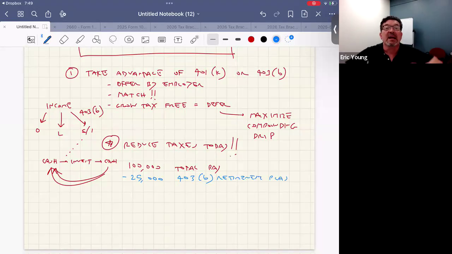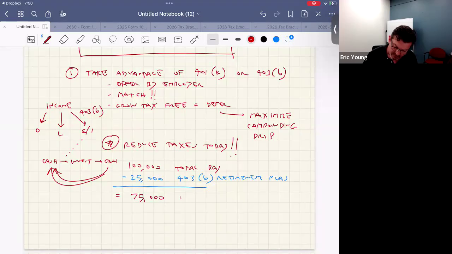Because that money is taken away from me before I touch it. Because it's siphoned into my 403B plan and invested before I even touch it, it's not counted as my income. So it looks like this.